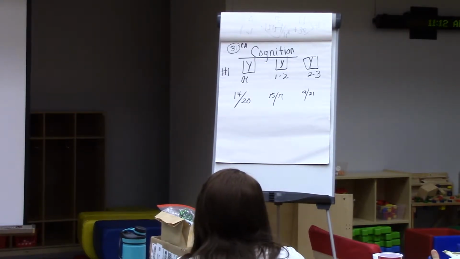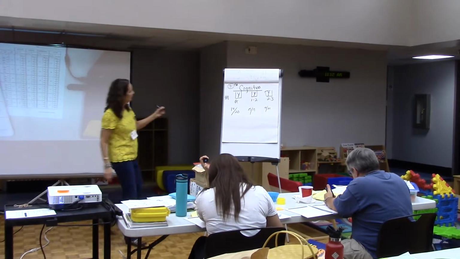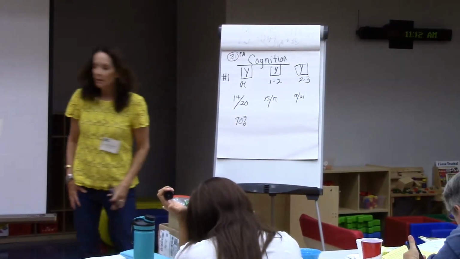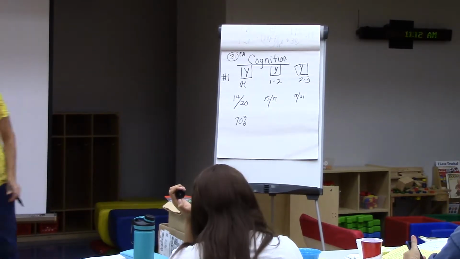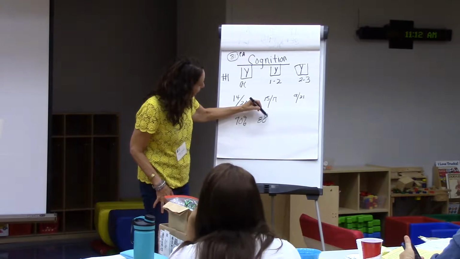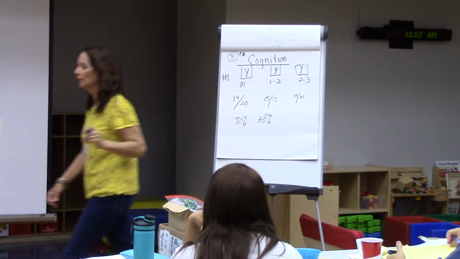You got the percentages? Okay. So she had mastered 70% on 0 to 1. She had mastered 88% on 1 to 2.